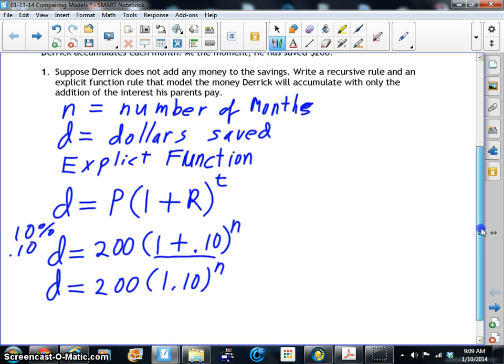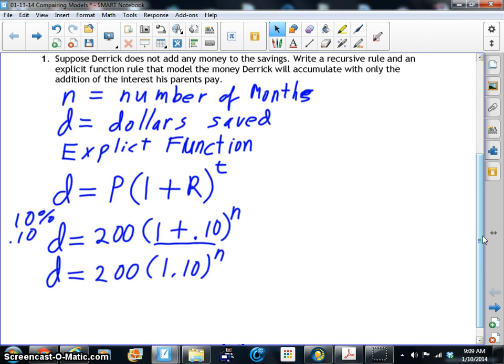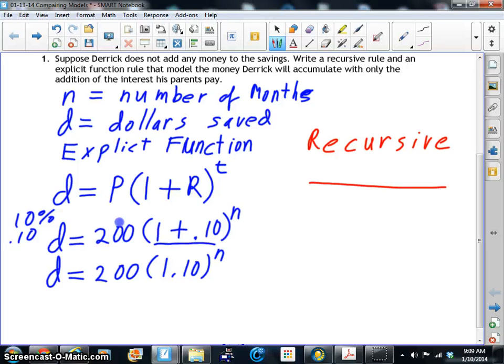Very simple. For our other function, the recursive one, we're going to have to do things a little differently. First, we'll look at what we're doing mathematically. Coming up with the rule takes a little time.